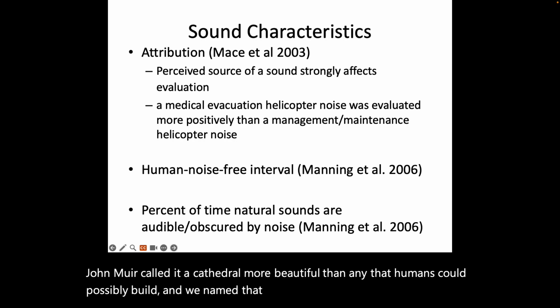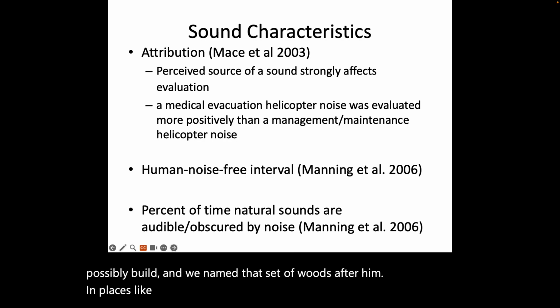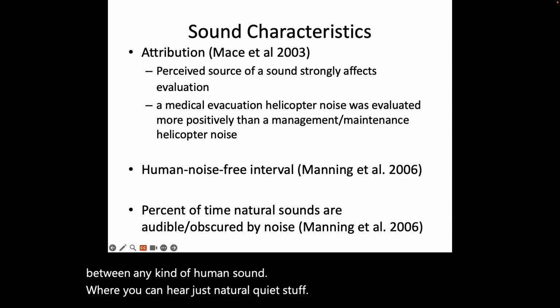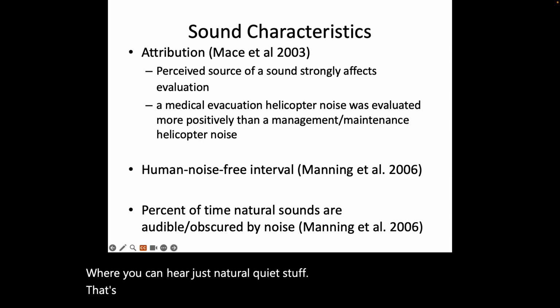In places like that, we found that the number of minutes or seconds between any kind of human sound, where you can hear just natural quiet stuff, is a hugely forcing factor on the quality of somebody's visit.